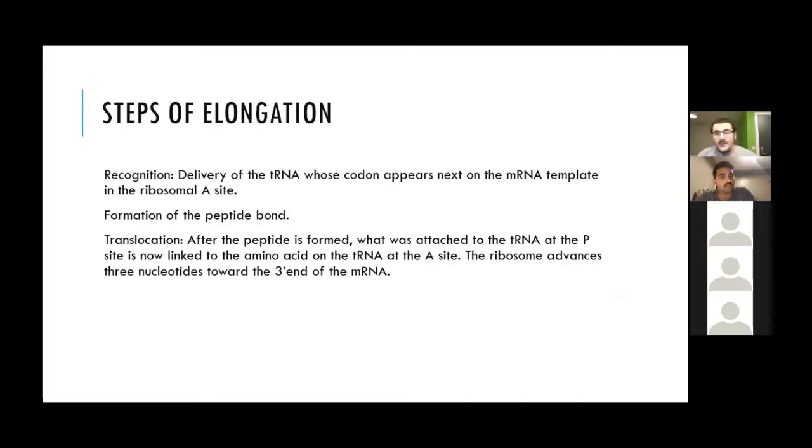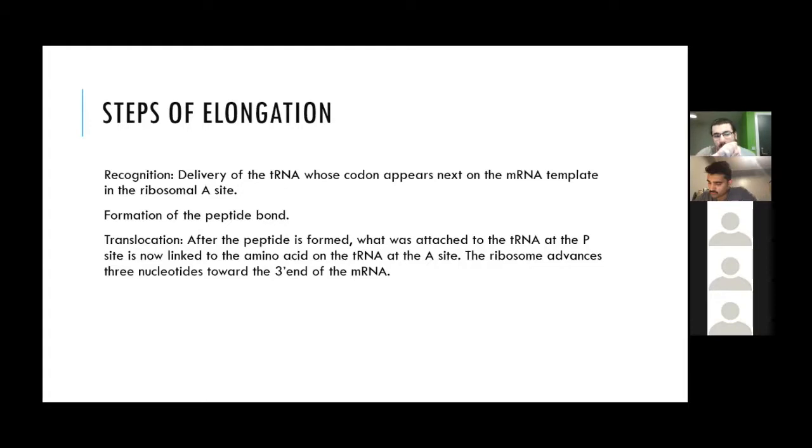The steps of elongation are, first of all, recognition, when the anticodon on the tRNA recognizes the codon on the mRNA at the A site. Then you have the formation of the peptide bond between the growing protein on the P site, because the protein is growing away from the P site, and the amino acid coming from the A site.